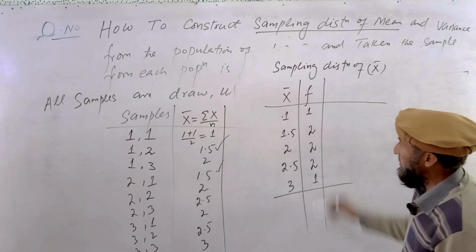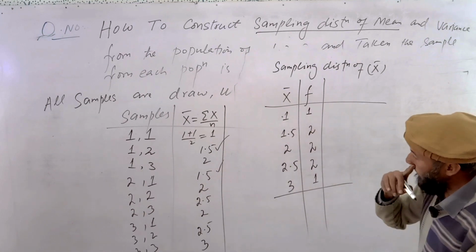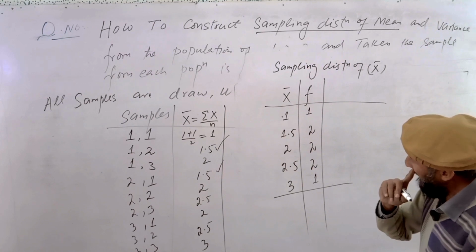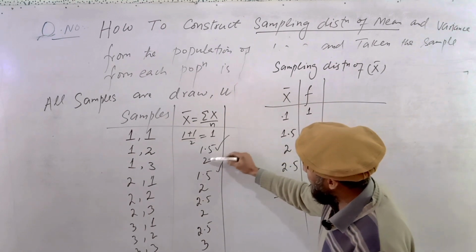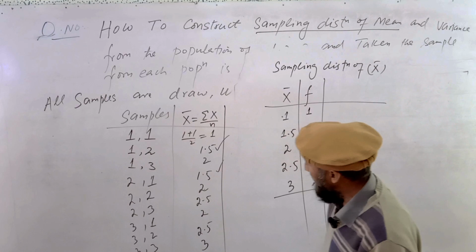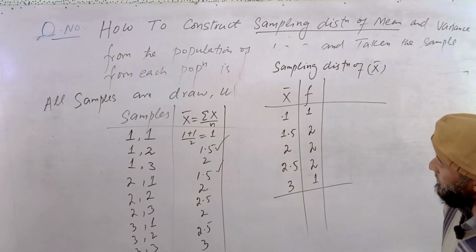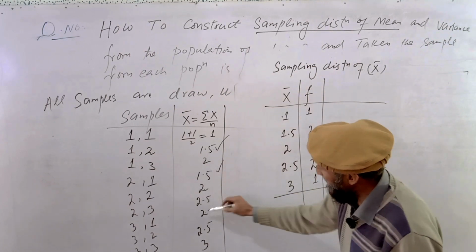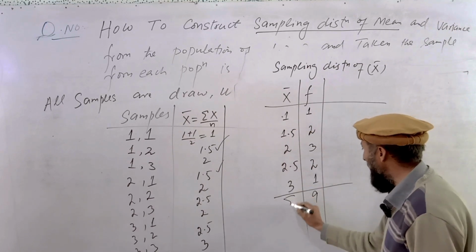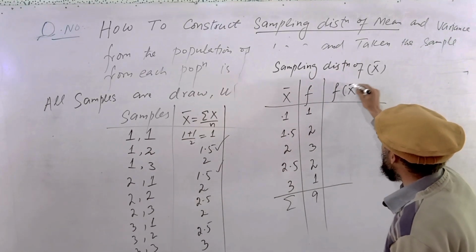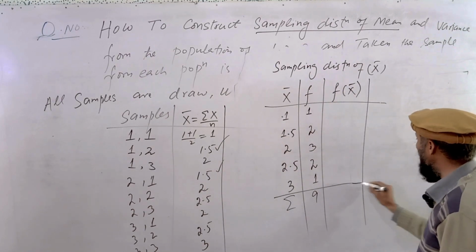Now we check that the total must be 9: 1 plus 2 plus 3 plus 2 plus 1 is 9. Now the probability of x bar, f of x bar, is the sampling distribution of x bar.